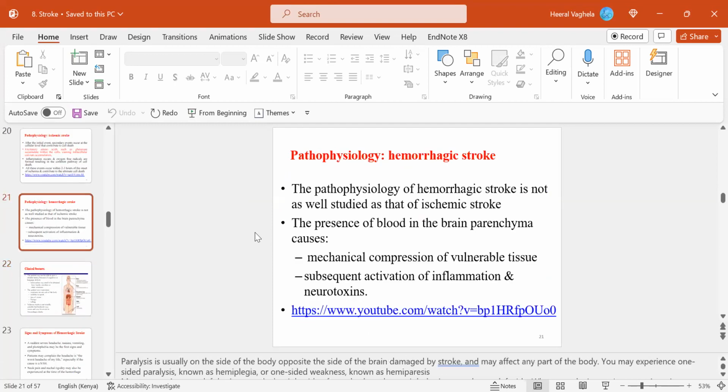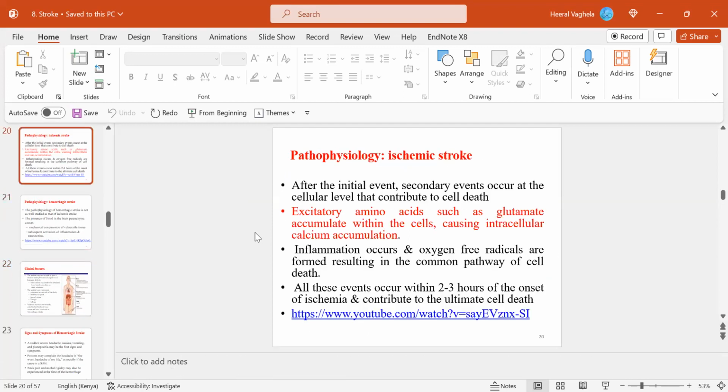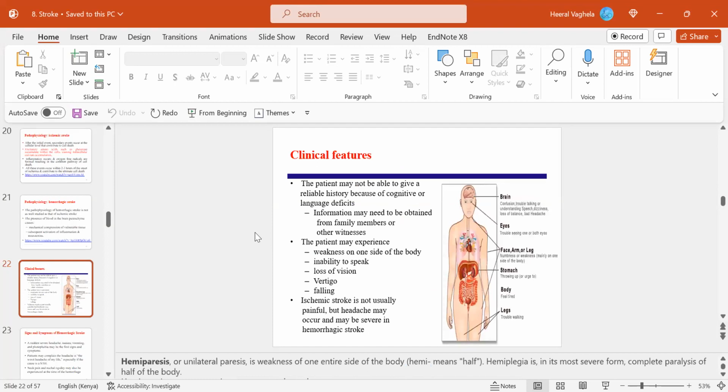So clinical features would be confusion, trouble seeing, numbness, especially unilateral paresis, which is weakness to one side, half of the body, or just numbness.